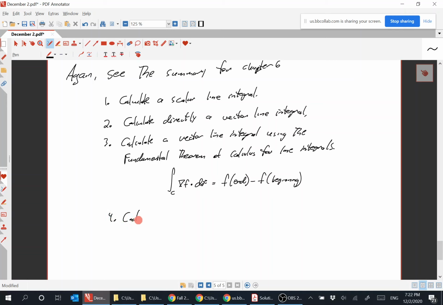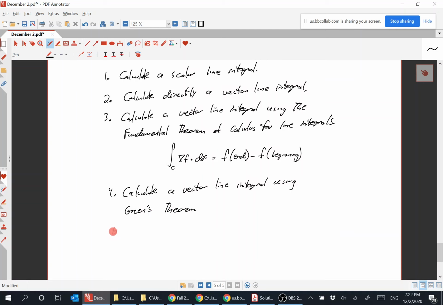4, calculate a vector line integral using Green's theorem. And then related to number 4, calculate a vector line integral using Stokes' theorem, which was the 3-dimensional analog of Green's theorem.